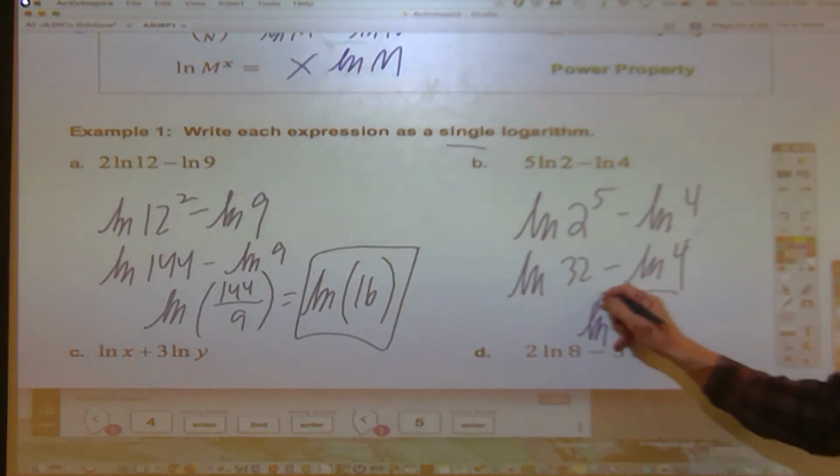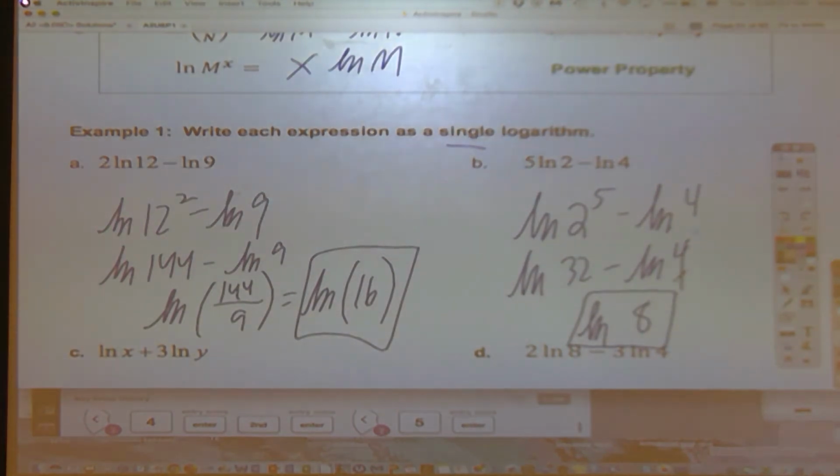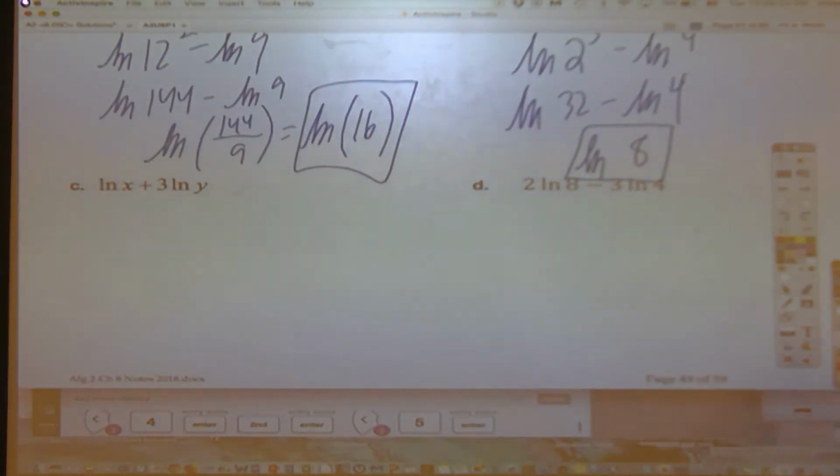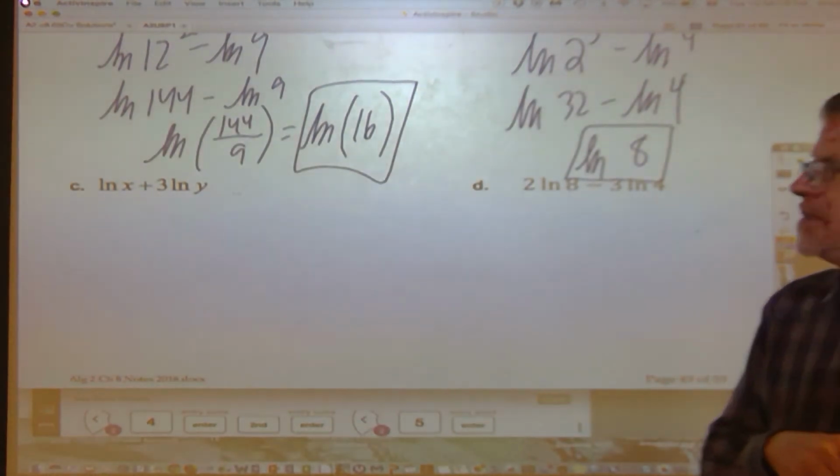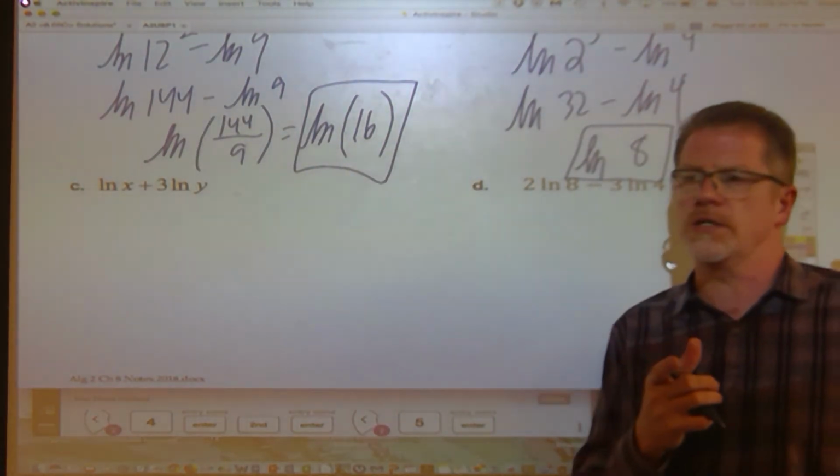Natural log of 8 is correct. Good job. Any questions on letter B? All right, continuing on. Try part C on your own. Just put the hats back up in position. Then use the fact that a sum of logs is a log of a product. Yeah, Lauren.